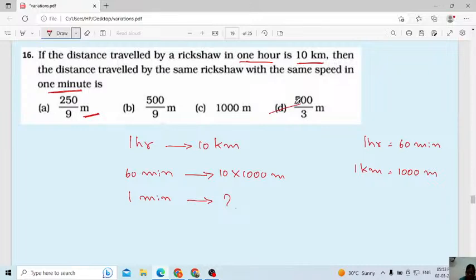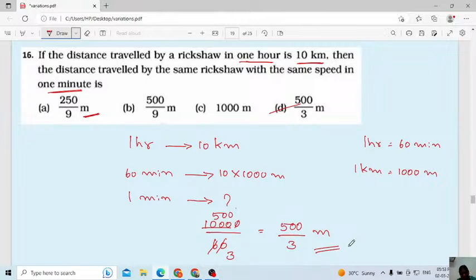Do it, this one, cross multiply. This is 10,000 divided by 60. 0, 0 get cancelled. Then 2 3s are 6, so 500 divided by 3. Your answer is 500 divided by 3 meter. Very easy question.